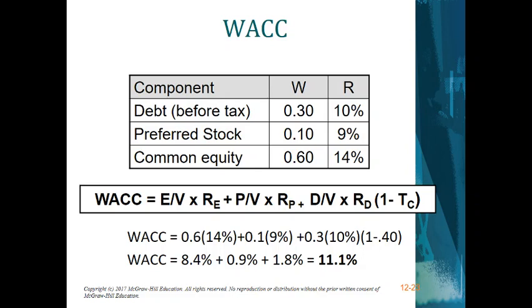So you're simply going to take your equity weight, the 60%, or 0.60, multiply that times 14%, and you're going to come up with 8.4%. You're going to add that to the 10%, or 0.1, multiply that times 9%, and you get 0.9%.